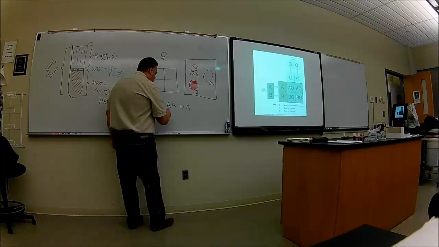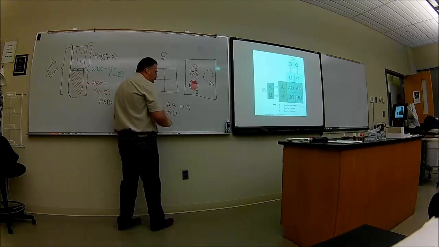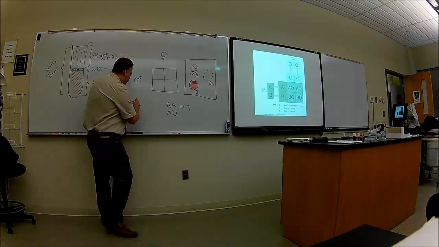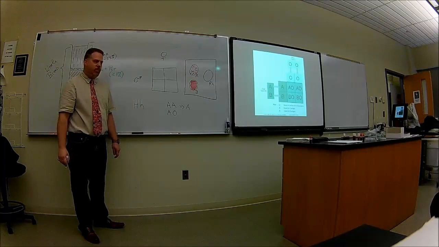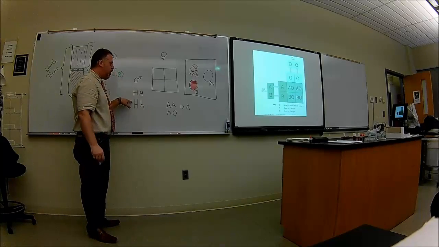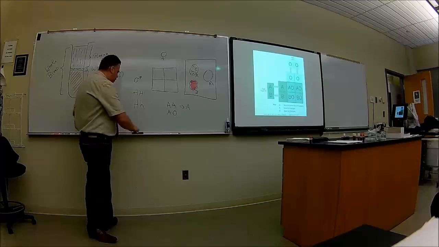Okay? You could also get an A allele from mom and an O allele from dad. The O is actually recessive. You've seen this before, right? We're just using different letters. So this and this means that it's going to be whatever the dominant one is. Does that make sense? Okay?